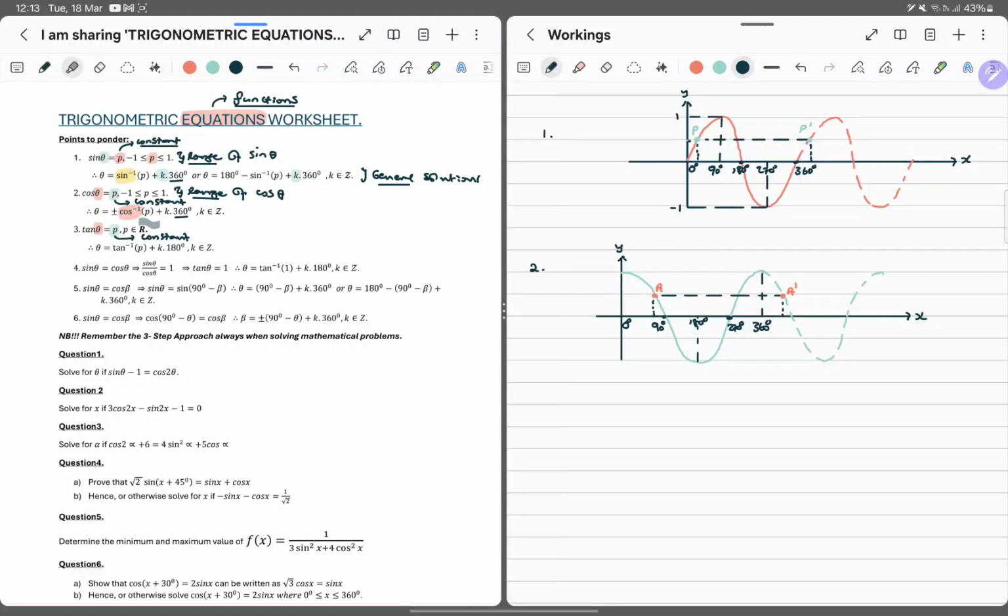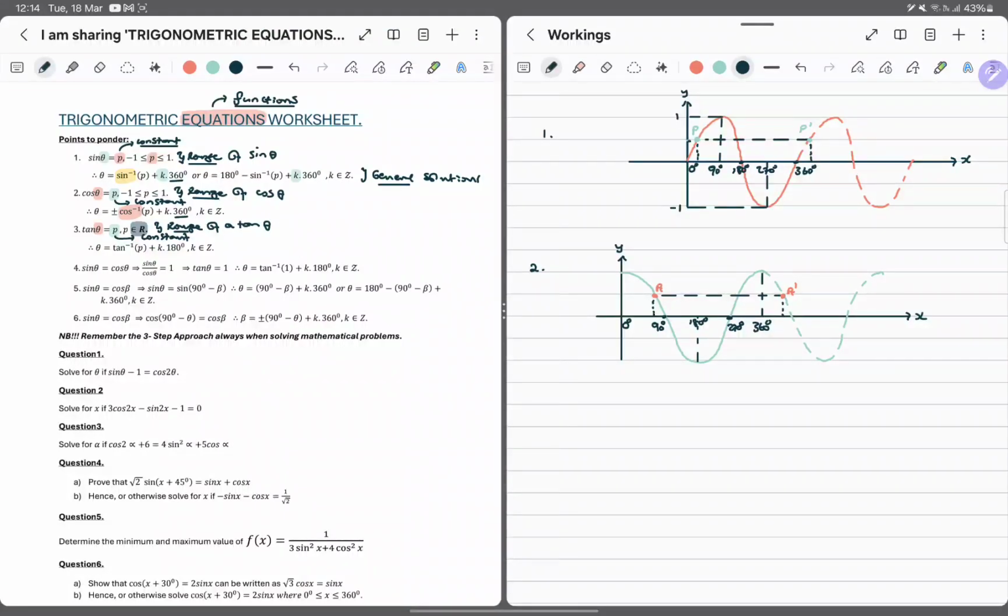You'll appreciate that P is an element of real numbers this time. So there's no limit because the tan function is not limited vertically. So in terms of the range, there's no limit. But in terms of the domain, we may be, depending on what we want to do. So this is the range of a tan theta function. Remember that, it's the range, and there's no limit to the range.